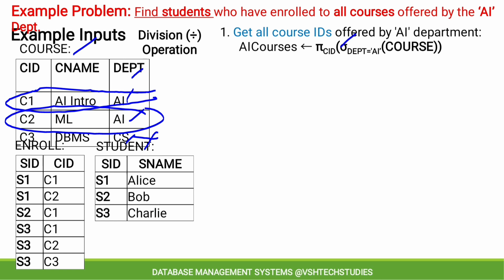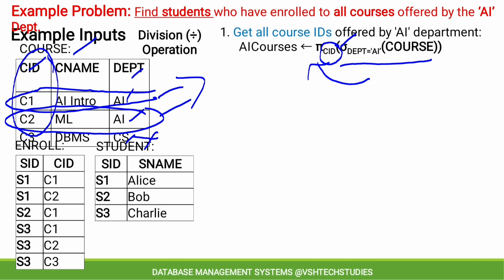The output of the select operation is given as input to the project operation next. The output of the select operation means these two rows. The project operation is selecting only the CID column. So this is the output which is saved in an intermediate relation, that is AI courses.